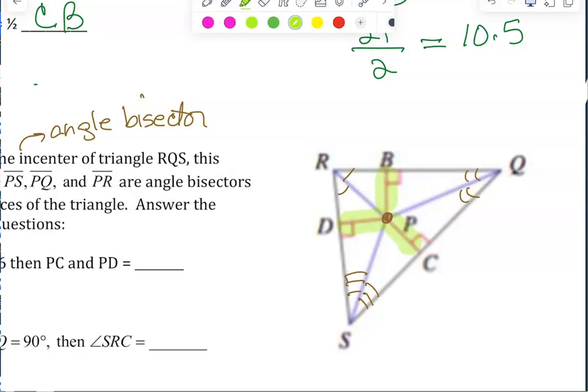If you drop a straight line from the in-center to the side opposite it, then what happens is a right angle is formed. Other thing that's very, very much worth taking note of is that this equals this equals that.